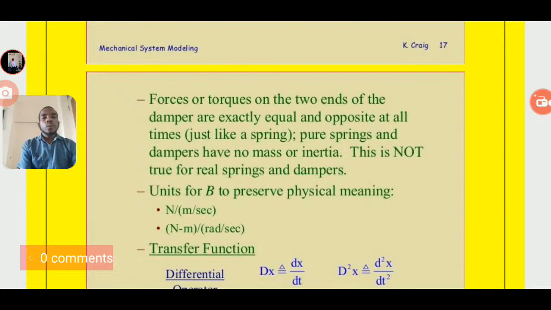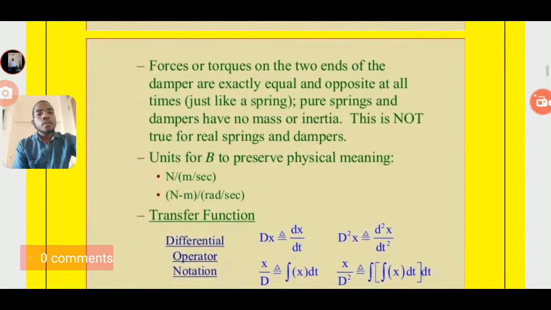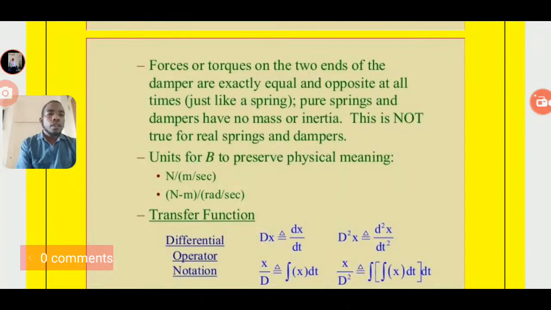Okay, so units for B, that means for the damper, to preserve the physical meaning, is Newton per meter per second, or Newton meter per rad per second.